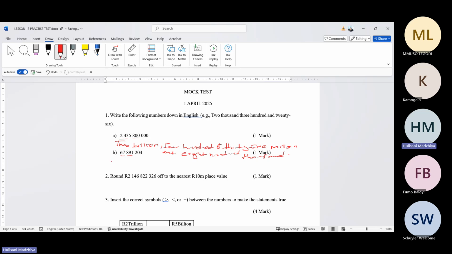So this means that it's going to be 67 million, comma, and then you write 891,000 and 204.